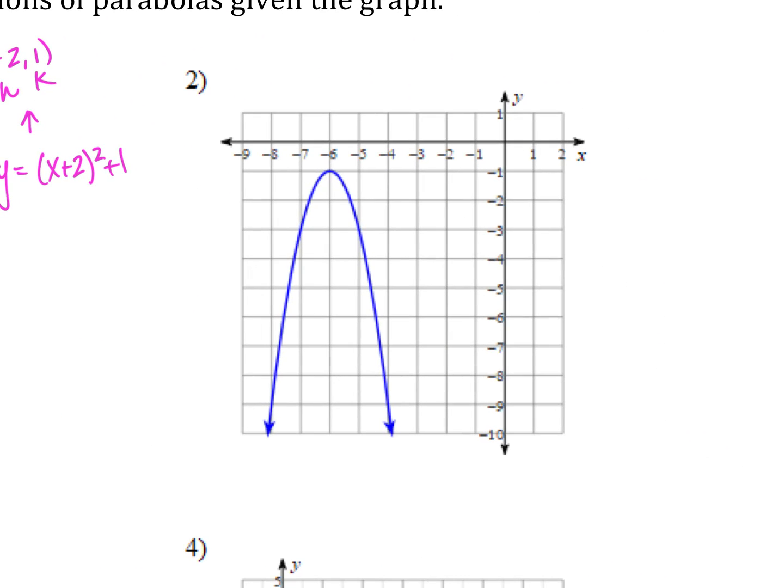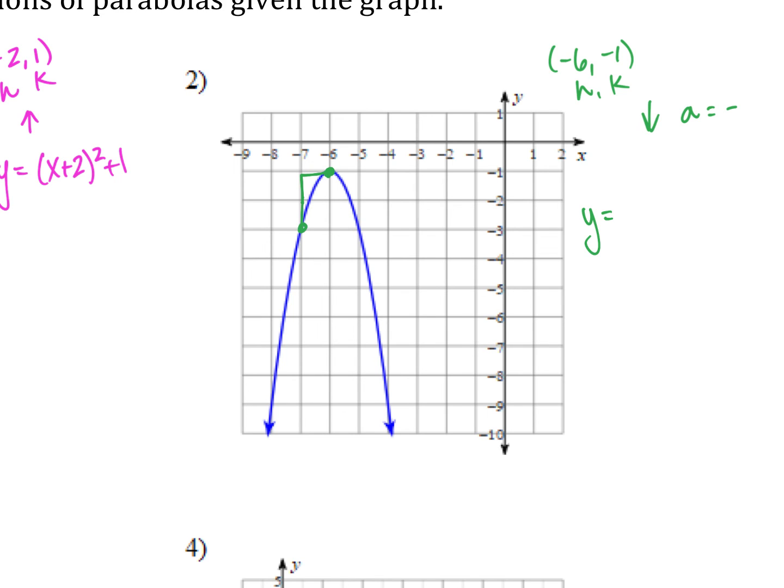This guy we notice is a little bit different because he's upside down, but we're gonna do the same thing. Here is my vertex, -6 and -1. That's my H and my K. I notice he goes down, so that means A is gonna be negative. It also means I'm gonna have a y equals. So let's double check. Are we over 1, down 1?